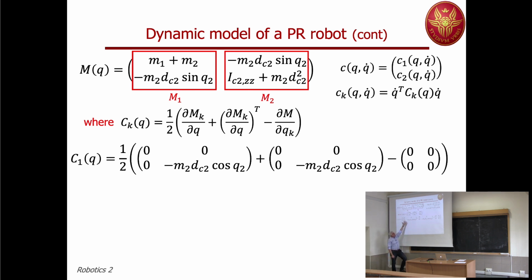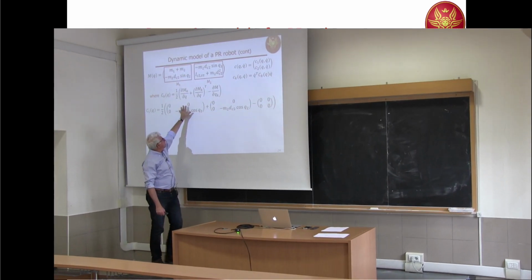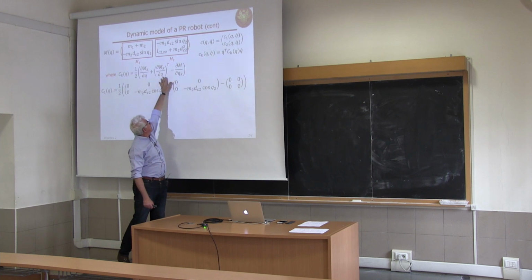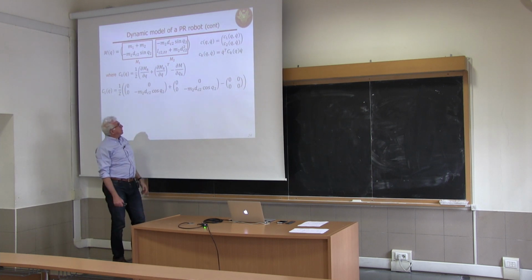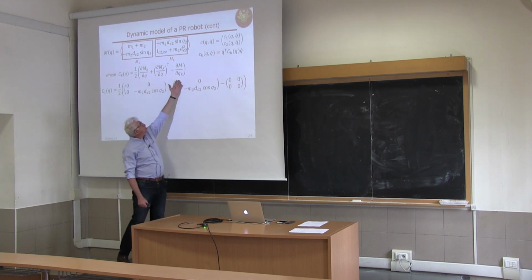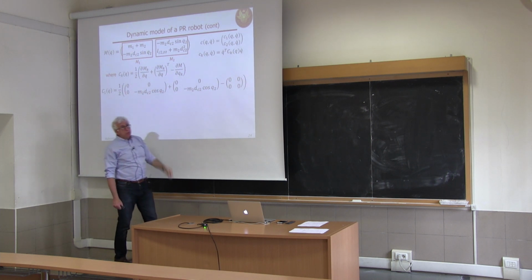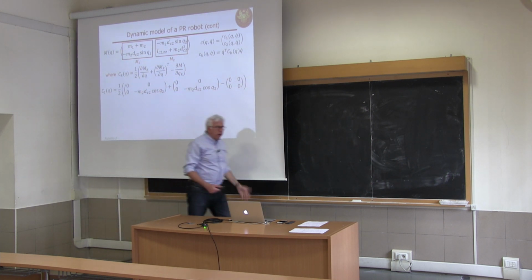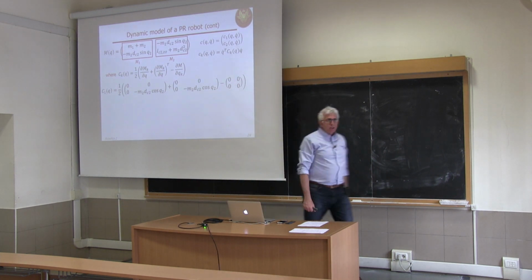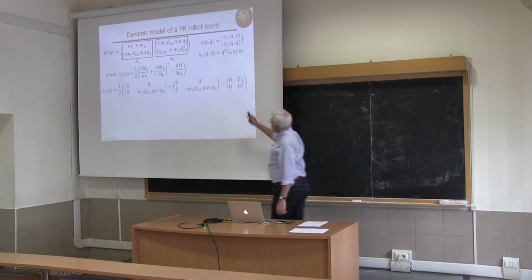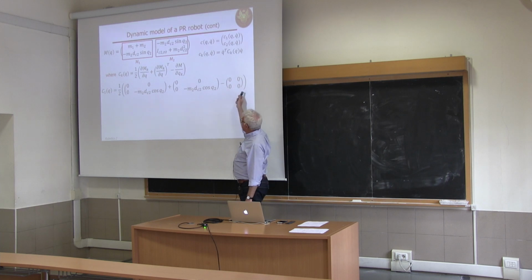Now, you see that this is already symmetric, but in general it may not be, so the rule is to take the transpose of this and to add it. So we are adding again the same matrix because this is symmetric itself. And then we need to subtract the partial derivative of the whole matrix M with respect to q1. But q1 is not present in this inertia, so this matrix is identically 0.